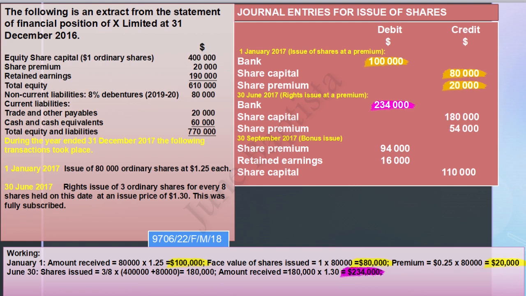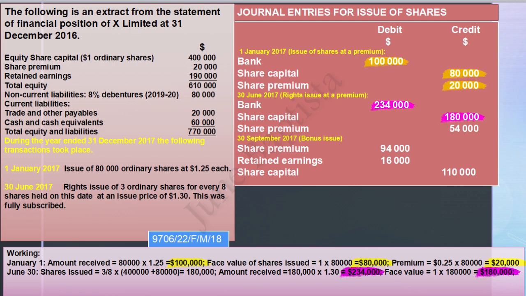$234,000. Going back to the working, the face value of the shares issued would be $1 times 180,000 to give us $180,000. Going back to the journal entry, share capital will be credited $180,000.